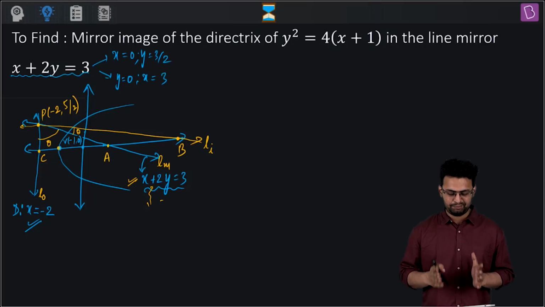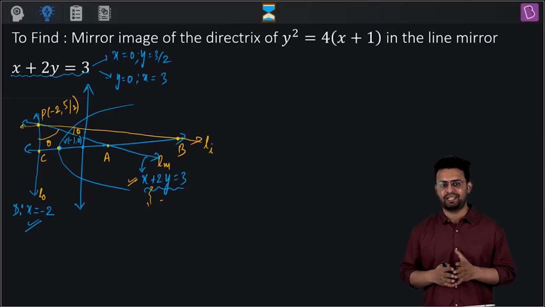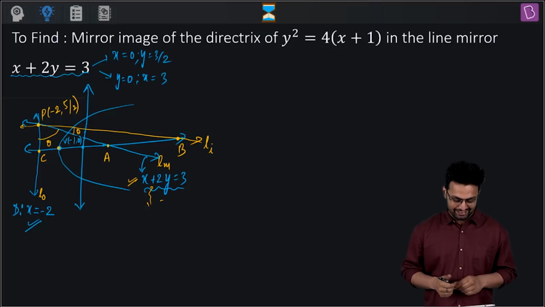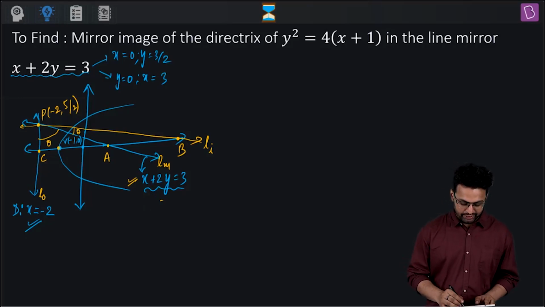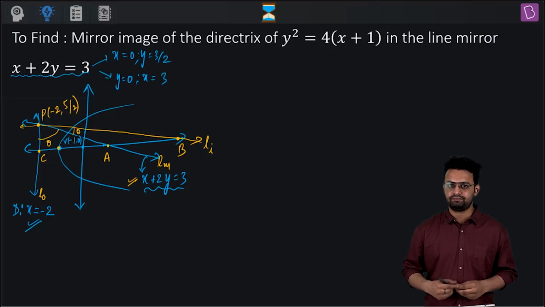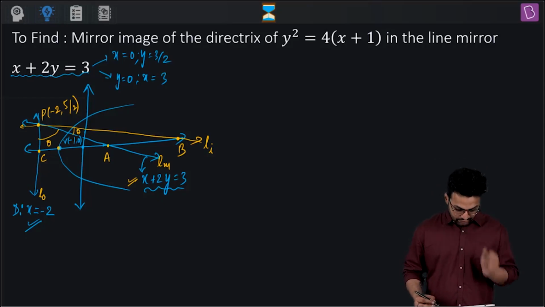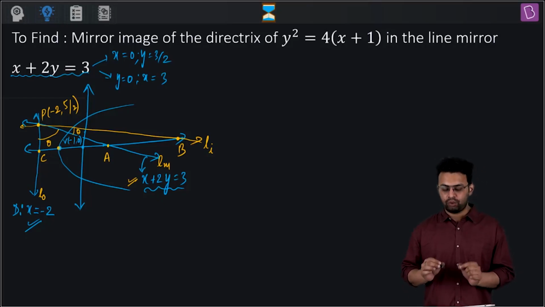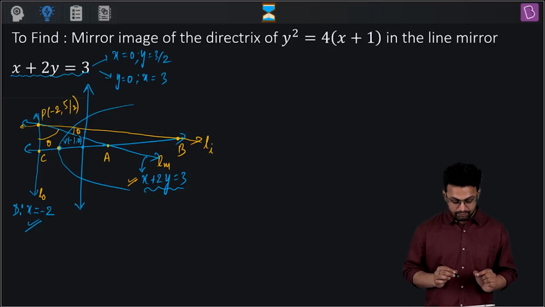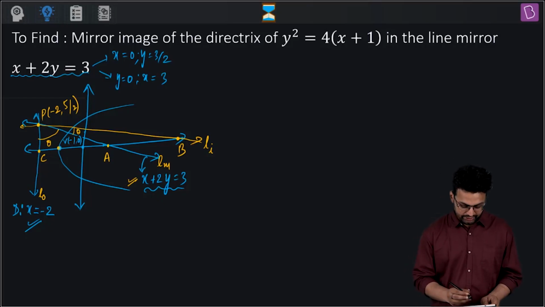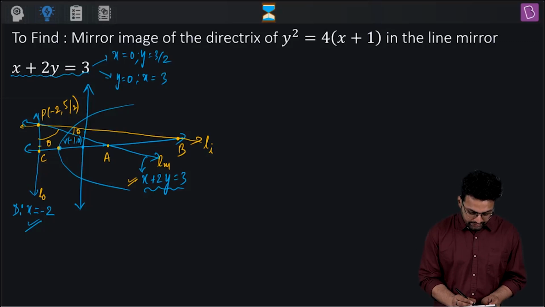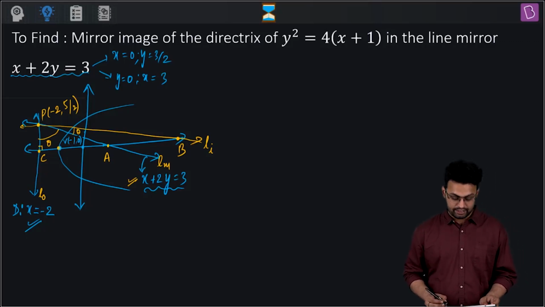I need space to explain this question on the same slide. That's why I'm removing everything. So we have determined the coordinates of the point P. What I'm going to do next? We know that angle CPA is theta and angle APB is also theta. We know that angle PCA is 90.